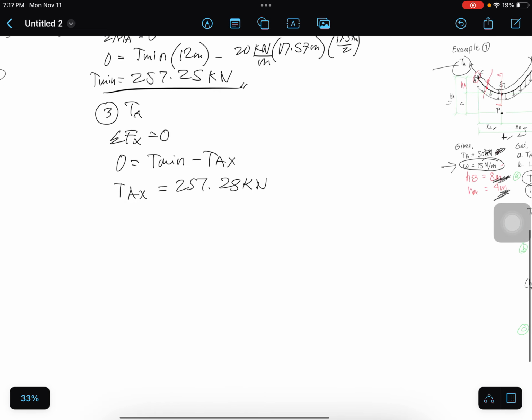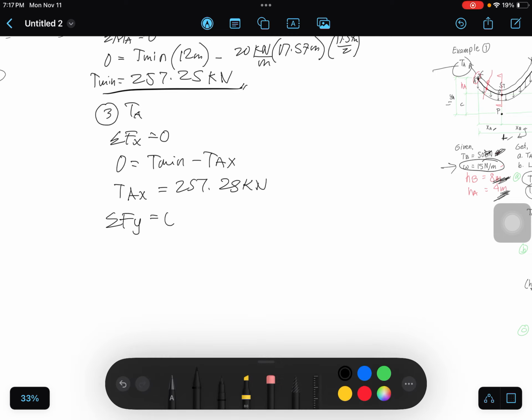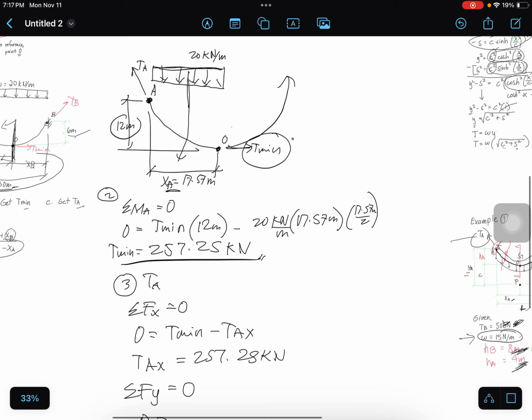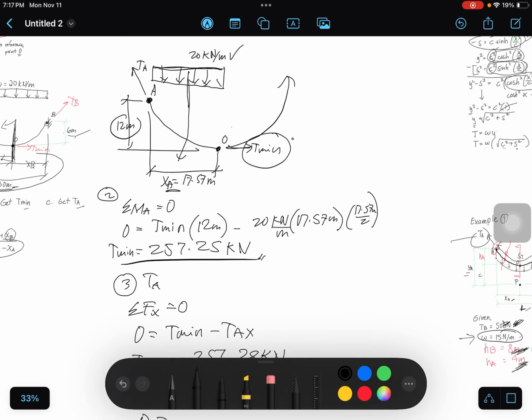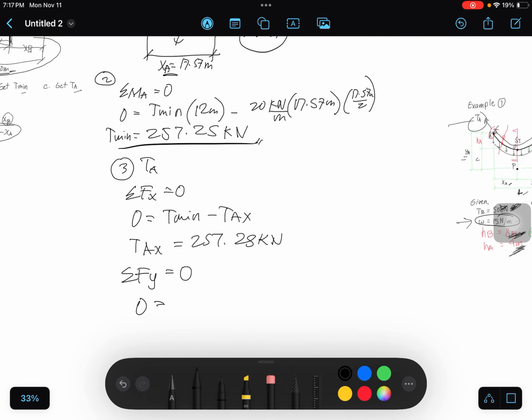And then, next, yung vertical naman ni TA. Summation of forces along y na lang yun. 0. T-min, hindi na si T-min dahil vertical na tayo. So, ang mga vertical is yung load and yung vertical na to. Silang dalawa lang. So, downward si 20 kilonewton per meter times yung XA natin, 17.57 meters.